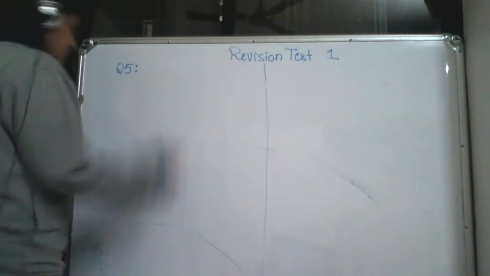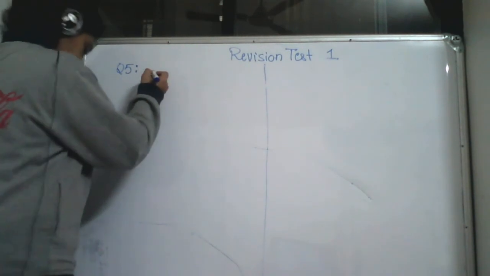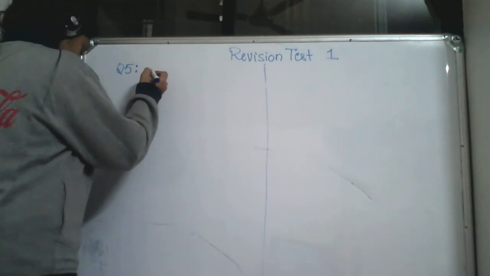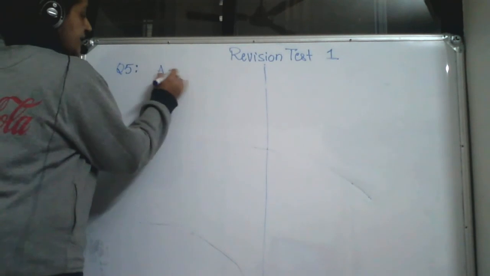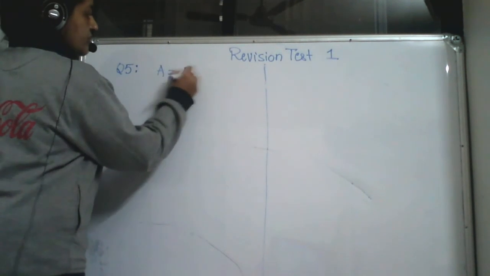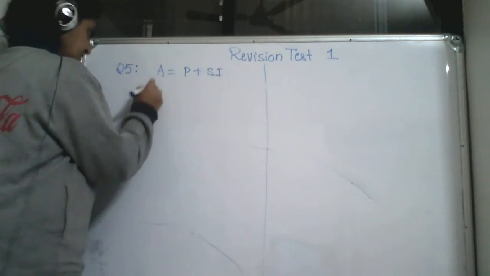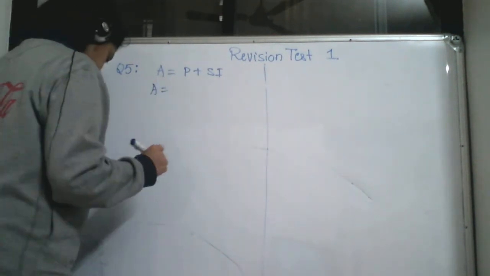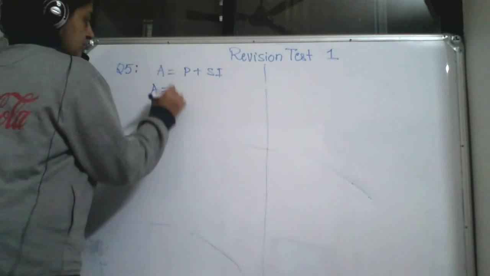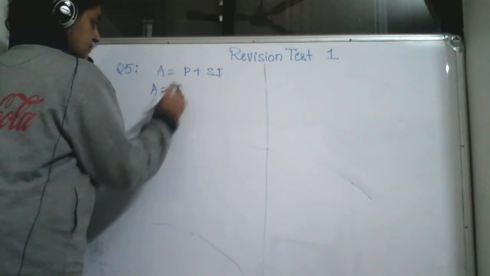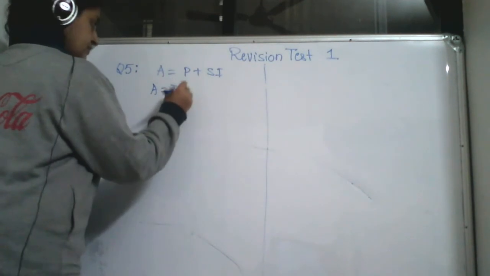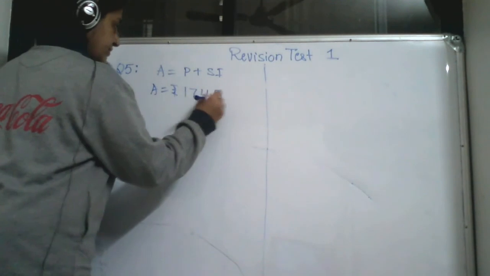So for the first one, what is the amount? See, first of all, in SI, amount is equal to what? P plus SI, right? So here amount for 3 years is given as rupees 17,145.